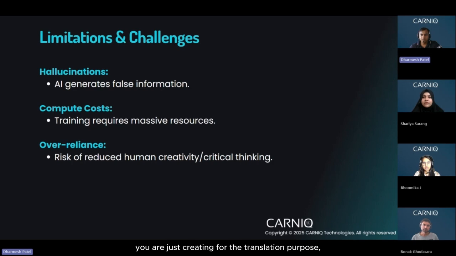For example, if you are creating a model for translation, you feed it so many languages with whole dictionaries and how the structures are formed. If you have enough data, then it will generate. Similarly it can do images, but it cannot do all tasks. It is designed and trained for a task; if the data is there and it is trained, then it will perform that task, but it cannot do everything.